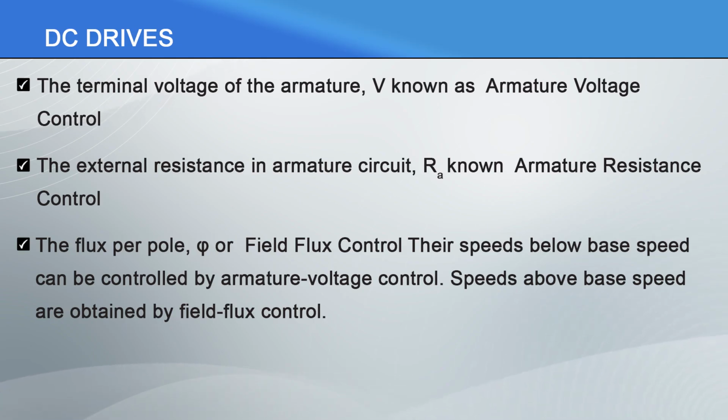Speeds below base speed can be controlled by armature voltage control. Speeds above base speed are obtained by field flux control. As speed control methods for DC motors are simpler and less expensive than those for AC motors, DC motors are preferred where a wide speed control range is required.